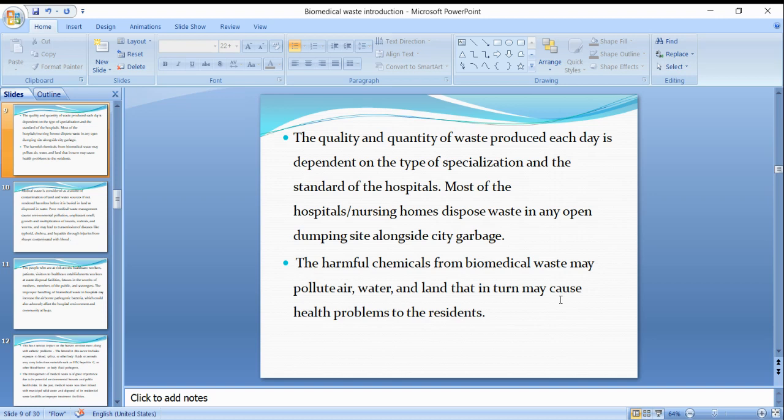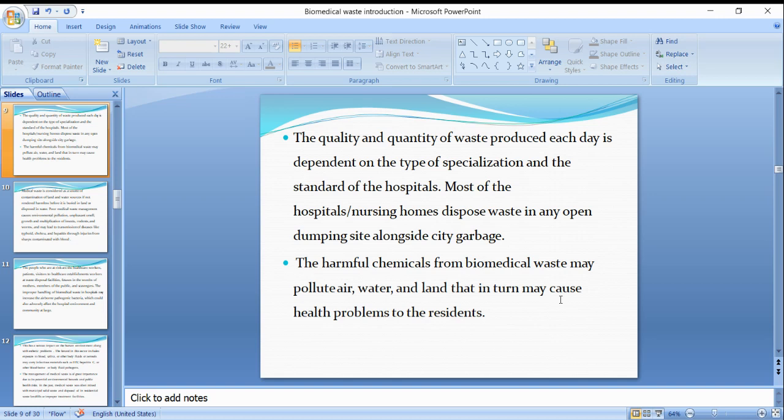So the quality and quantity of waste each day depended on the type of hospital. It depends upon the different types. Veterinary hospitals will provide different tissues and different waste.